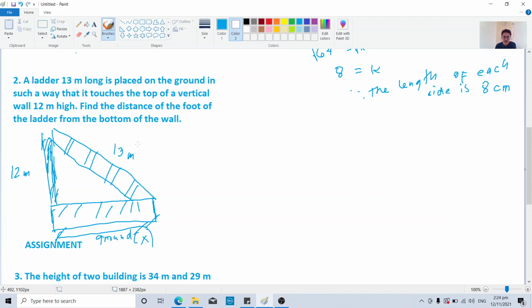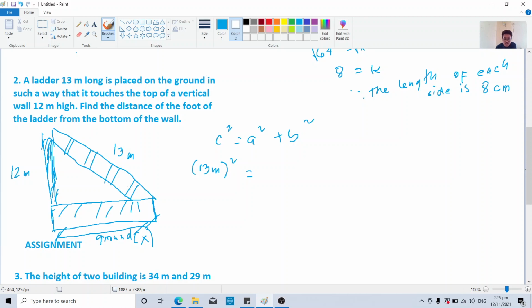According to the Pythagorean theorem, c squared is equal to a squared plus b squared. Our c squared is the length of the ladder. Ilan ba yun? 13 meters squared. And yung a squared natin, that is yung wall.